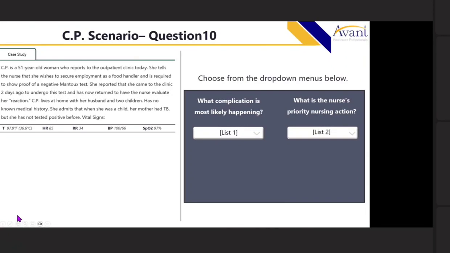All right, number 10. Let's say from the drop-down menus, based on what we see here, what complication is most likely happening, and what is the nurse's priority action. Our list is pneumonia, emphysema, active TB disease, or latent TB disease.